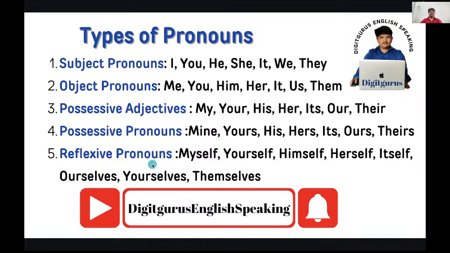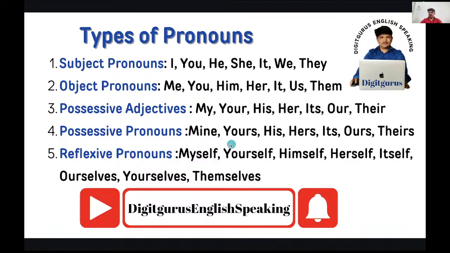Reflexive pronouns are myself, yourself, himself, herself, itself, ourselves, yourselves, themselves.